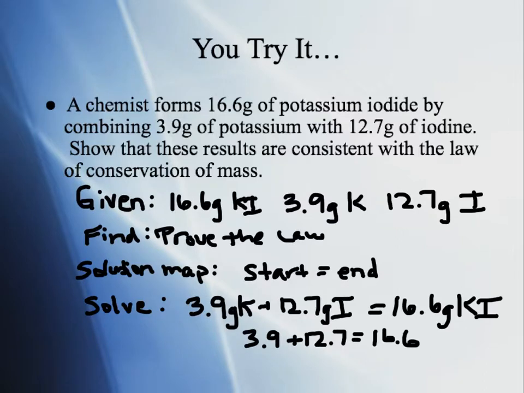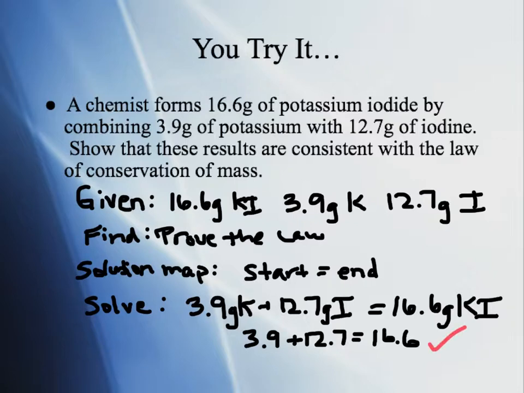All right, so here we go. We're given 16.6 grams of potassium iodide formed from 3.9 grams of potassium and 12.7 grams of iodine. So what do we need to find? Well, we need to prove that this law is true, that what we start with equals what we end with. And so if we take a look, 3.9 plus 12.7 is definitely equal to 16.6.